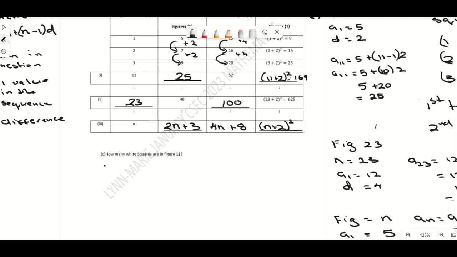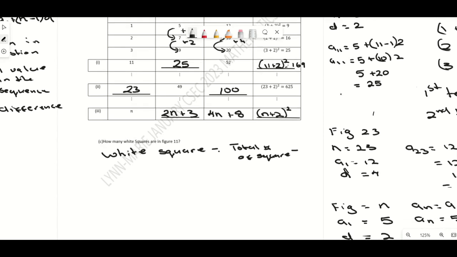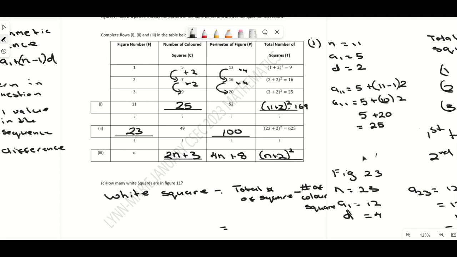So let me write this properly. Your white squares would be equal to the total number of squares minus the number of colored squares. For figure 11, we already found that out.